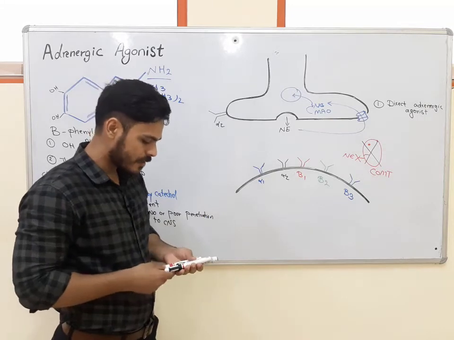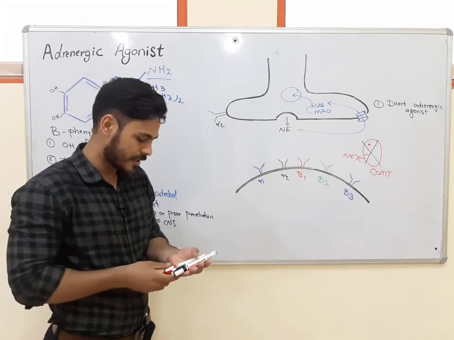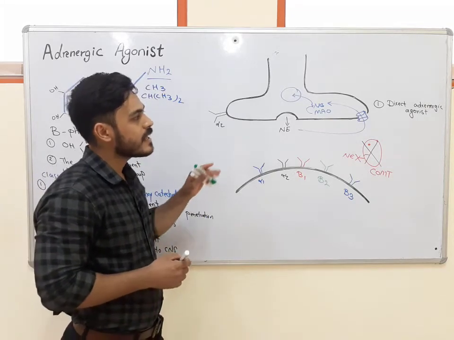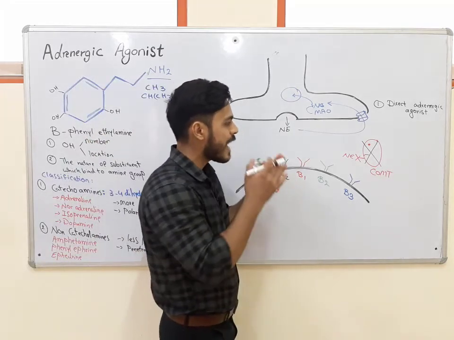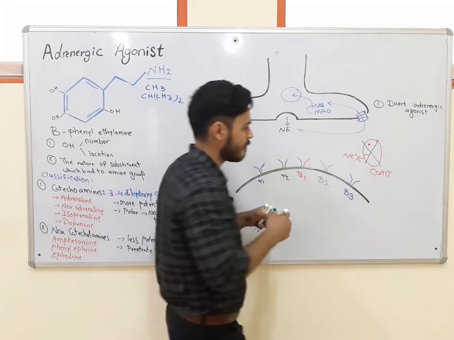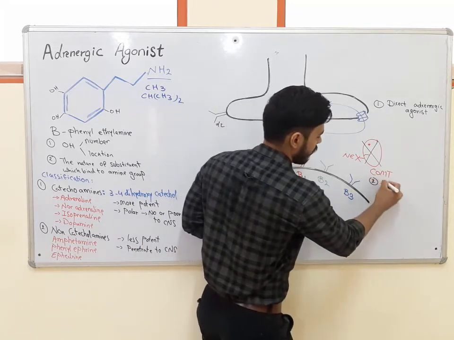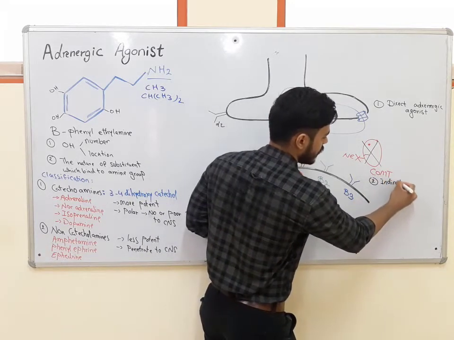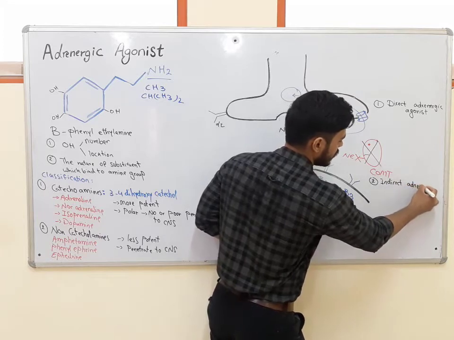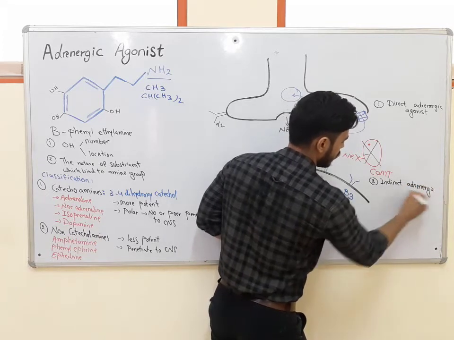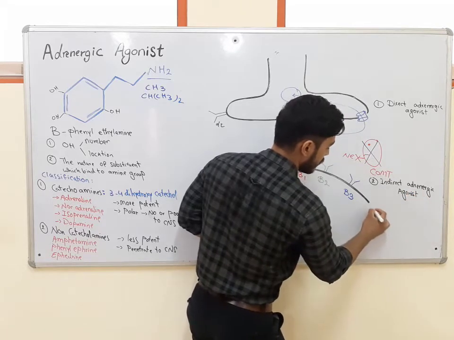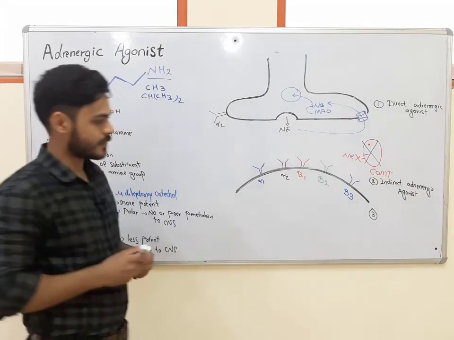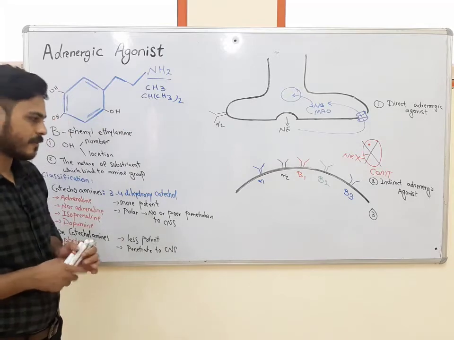These are the different mechanisms of action by which we can increase the effect of noradrenaline on the target organ. And the drugs which have these types of mechanism of action are indirect adrenergic agonists. This is the second class of adrenergic agonists on the basis of their mechanism of action.